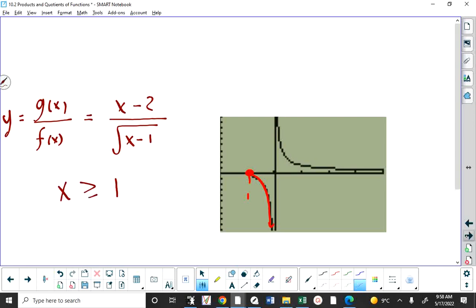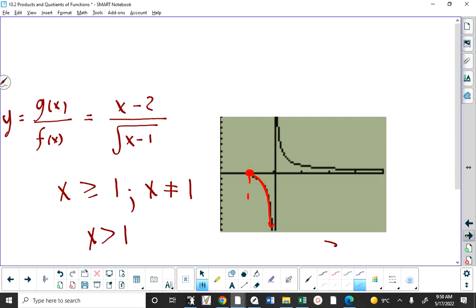And then you would say, but I need to take out of that domain any value of x where the denominator is 0. What value of x makes the denominator 0? 1. Which means, I don't think we want to write this. Is it wrong? No. But this is certainly more ideal.